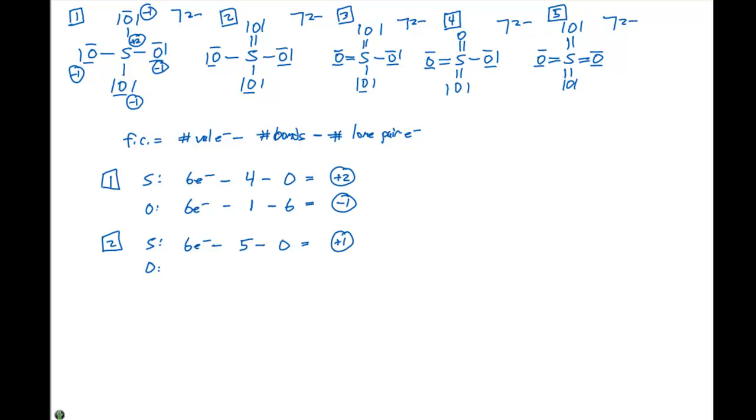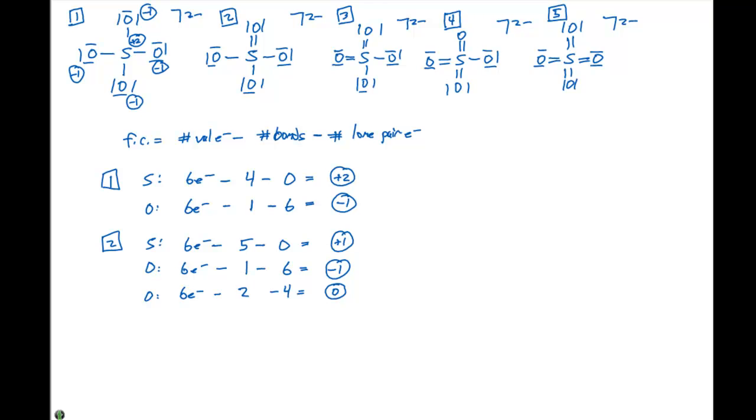There's 3 singly bonded oxygens, which have 6 electrons, minus 1 bond, minus 6 lone pair electrons, to give a formal charge of -1. There's also another oxygen in that compound that has a double bond. There's 6 electrons, minus 2 bonds, minus 4 lone pair electrons, giving us a formal charge of 0.